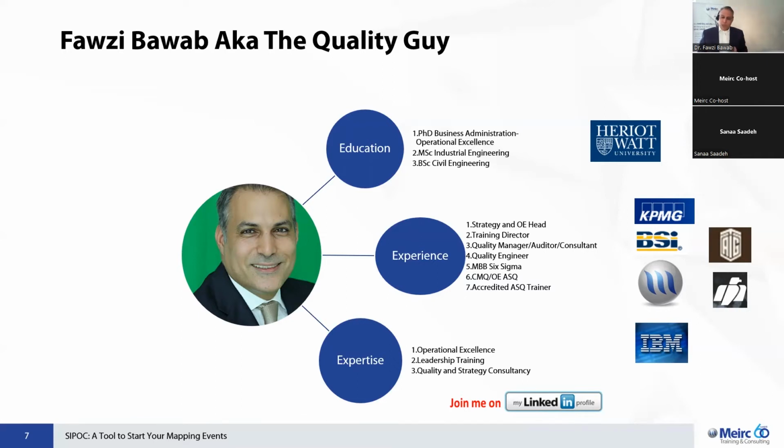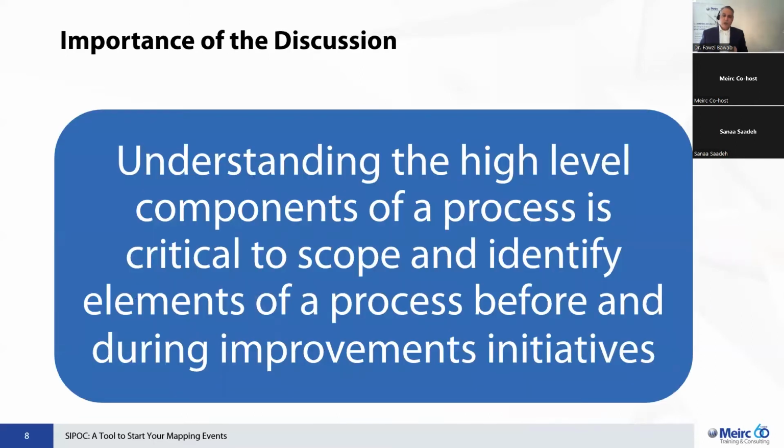And today I have chosen to talk about the SIPOC model. Now, why are we talking about the SIPOC? Well, basically, when you engage in any type of a project for improvement, you always need the understanding of the high-level components of the process.